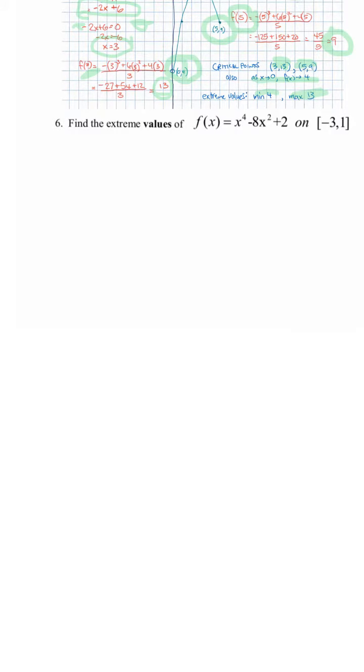All right, so last one for this page. Number 6 asks us again to find the extreme values, not points, just the output values, of a polynomial function on a given interval. So we're not going to have any problems with discontinuities on this.